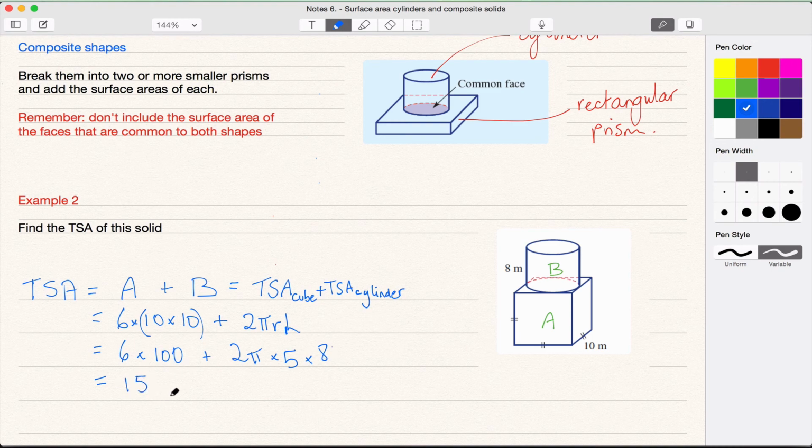When we put all of this into the calculator, we end up with 150,796. This is in meters, and it's area, so it's square units.